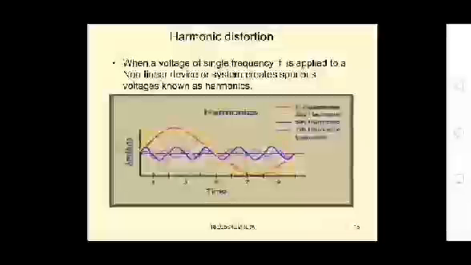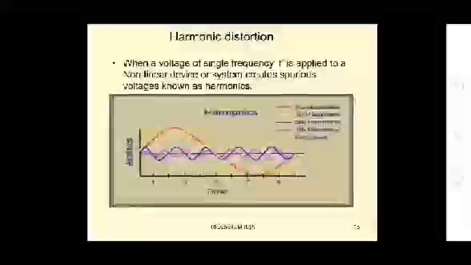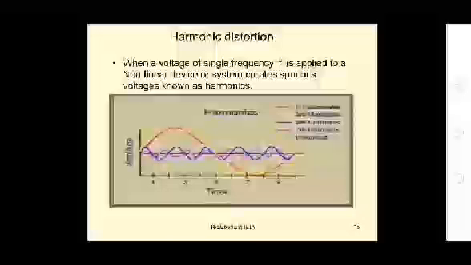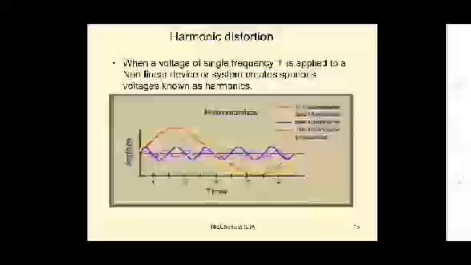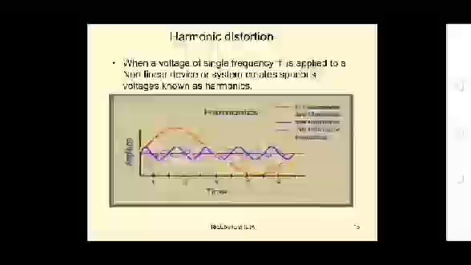So what are harmonics? When a voltage of single frequency is applied to a non-linear device or system, it will create various spurious voltages known as harmonics. You may have n number of harmonics.